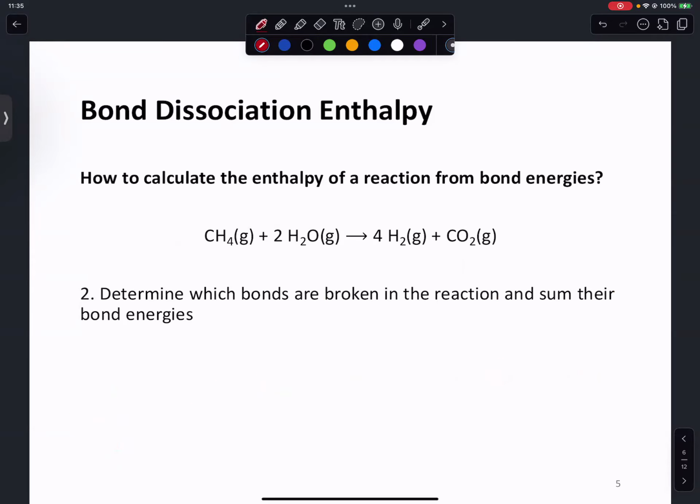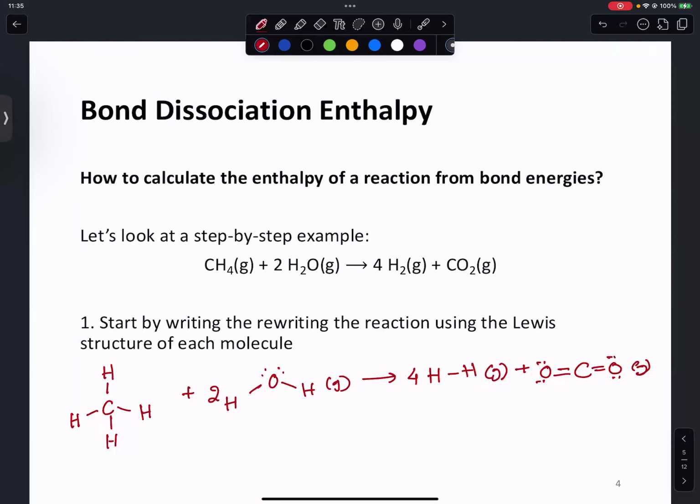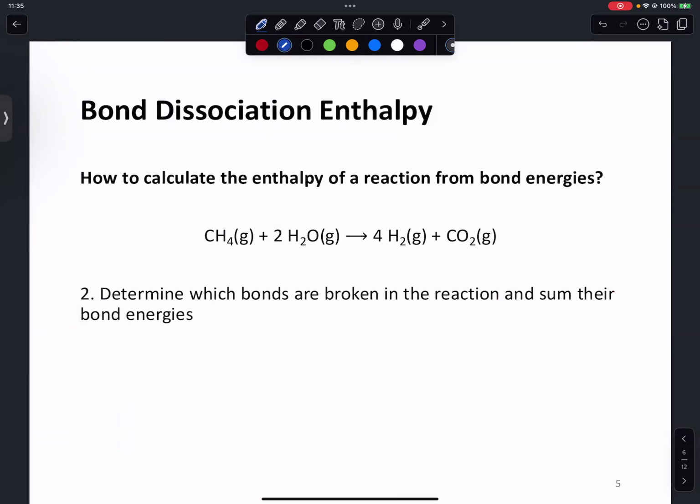And then I'm going to determine which bonds are going to be broken. So in this case, from the past example, I have 1, 2, 3, 4 CH bonds to be broken.